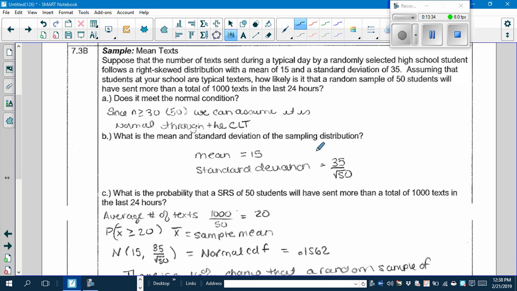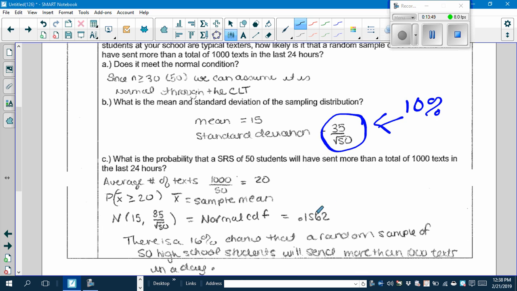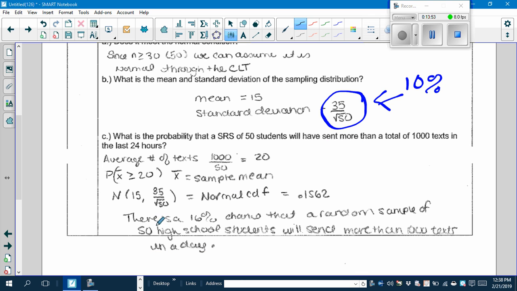Then we calculate the mean and standard deviation. Remember, we can use this because the 10% condition is satisfied, right? And then we go ahead and take the probability. What I did was use normal CDF, where my mean is 15, my standard deviation is this, and I put in my sample size of 50.